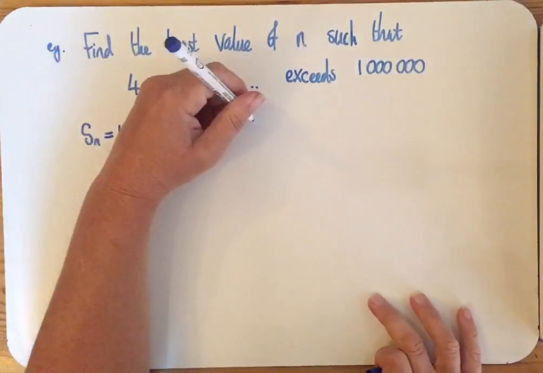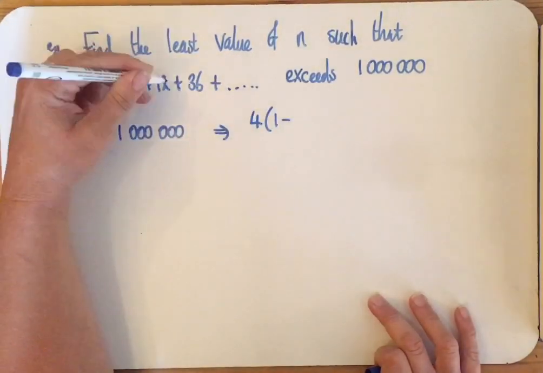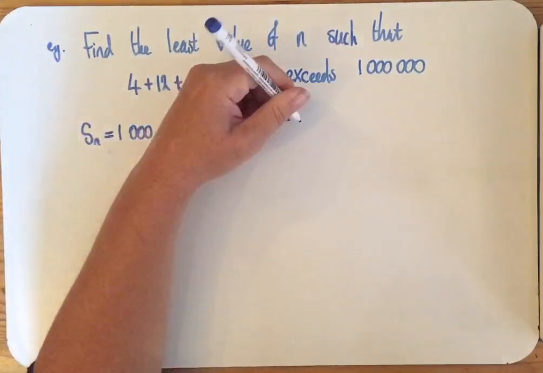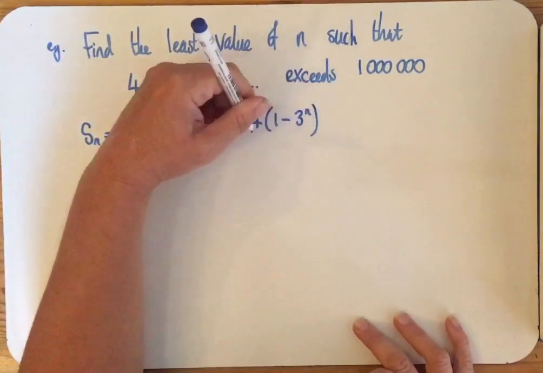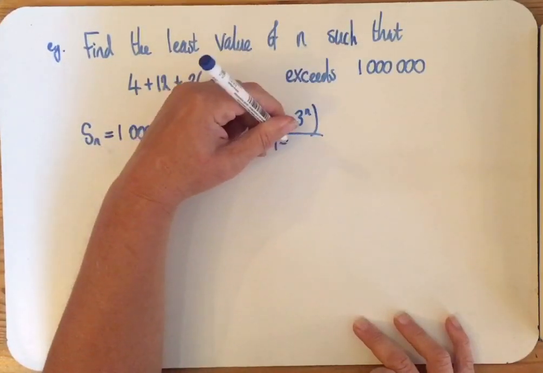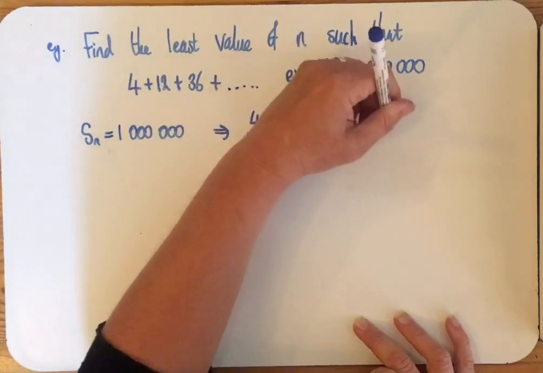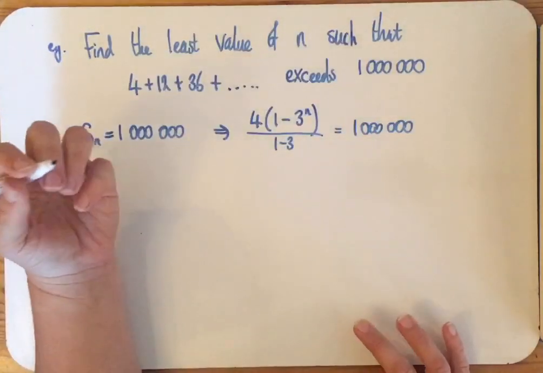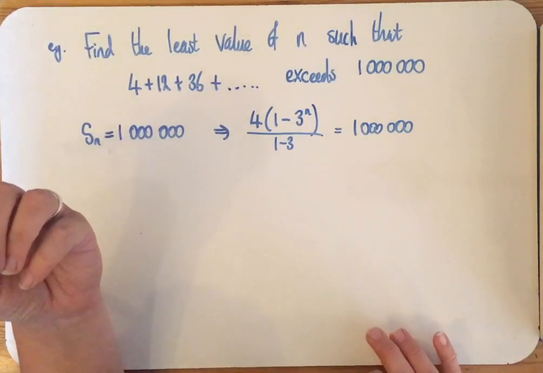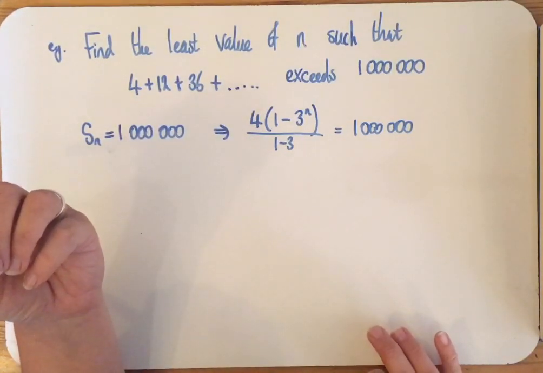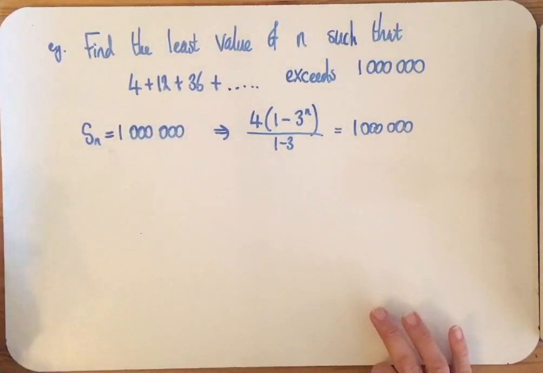So it's a, which is 4, lots of 1 minus 3 to the power n over 1 minus 3, and I need that to equal 1,000,000. So sorting that out a little bit, I've done 2 steps in one on my thing.